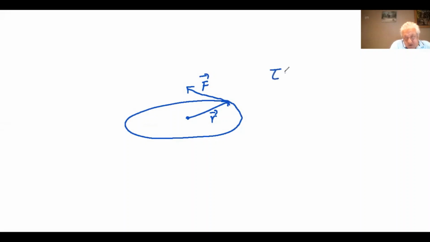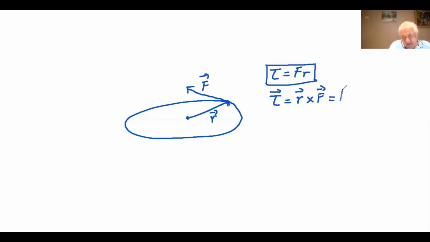Now you know that my torque is defined in magnitude as F r, but this is only for the special case when F is at right angles to the radius. The definition that's more advanced, the vector definition, is r cross F.